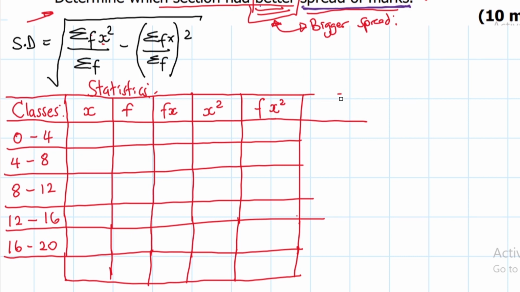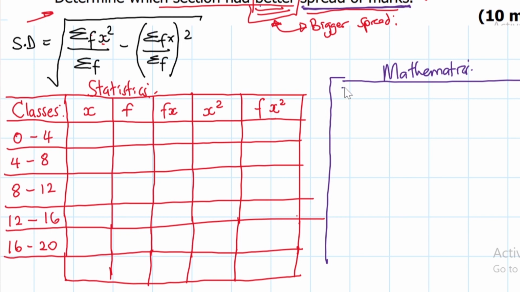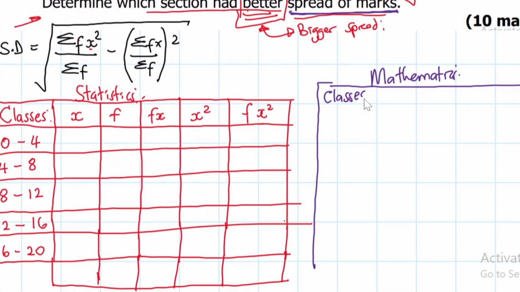So let's do for mathematics as well, and then we just start filling in figures. Because we need to find these things. Okay, so let's do our table for mathematics here. It's going to be pretty much the same as this one. So we begin with our classes.